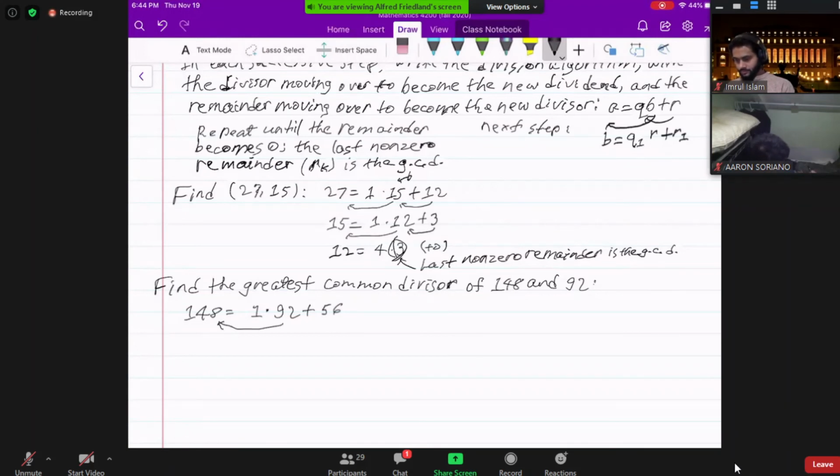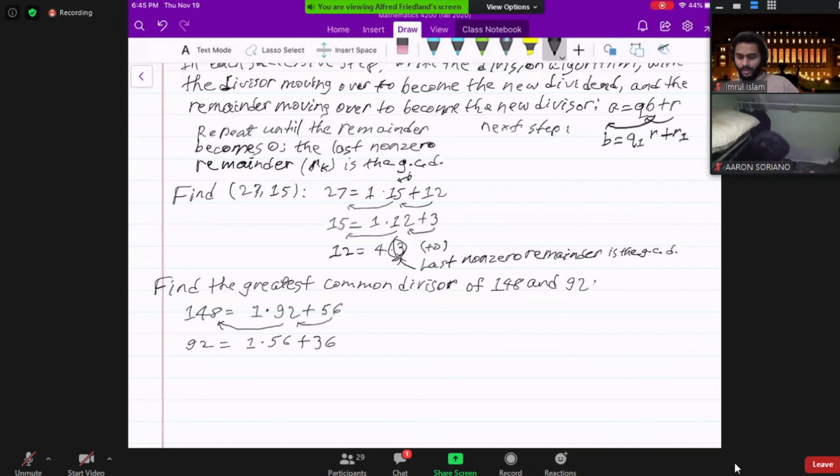All right, second line, the previous divisor moves over and becomes the new dividend, and the previous remainder moves over and becomes the new divisor. And 92 is how many times 56? Well, that'll be 1 times 56. So that takes you only up to 56. So to get up to 92, we need 36.